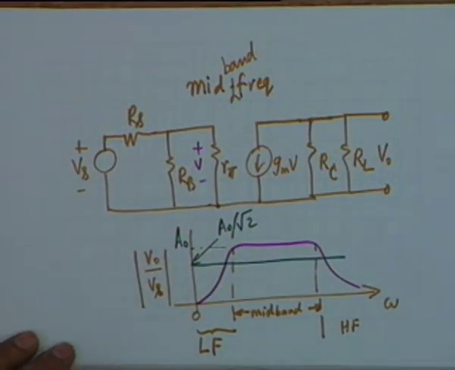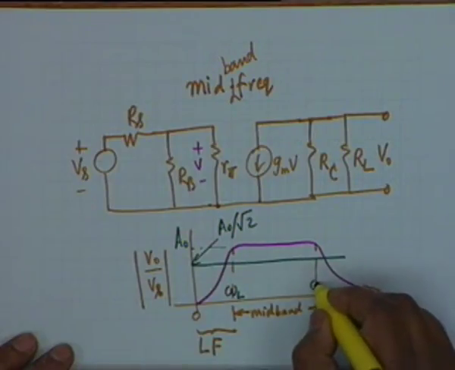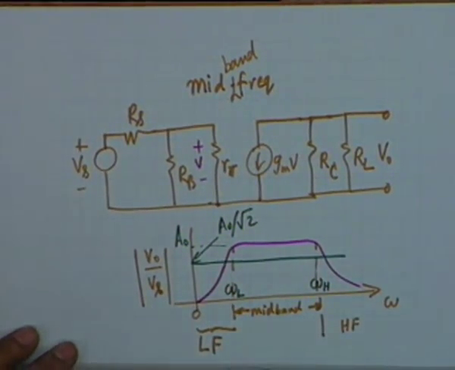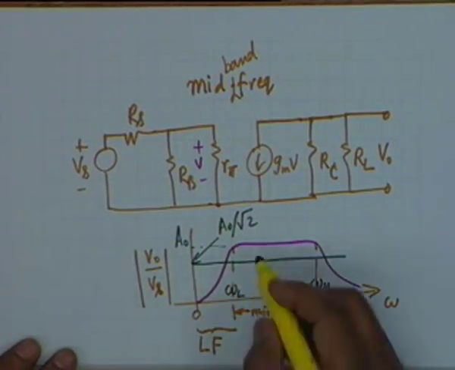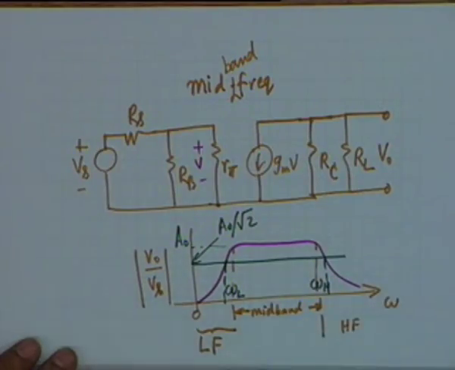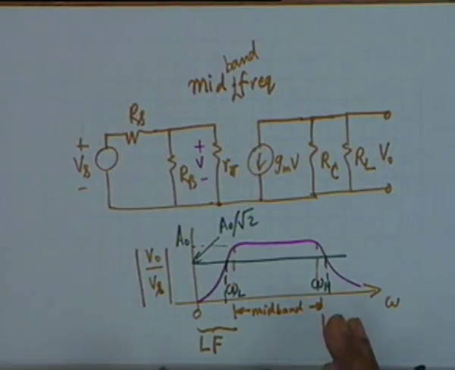We call them omega L and omega H. Omega L is called the low frequency cutoff, and omega H is the high frequency cutoff. That means between omega L and omega H the gain remains within 70.7% of its mid band value.